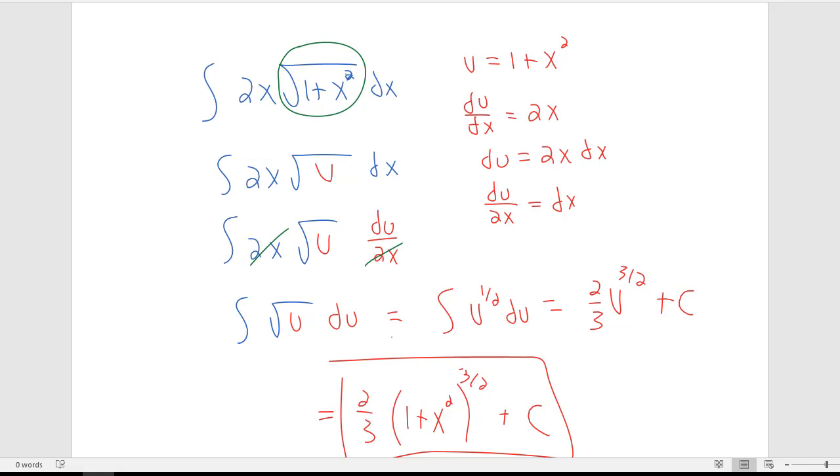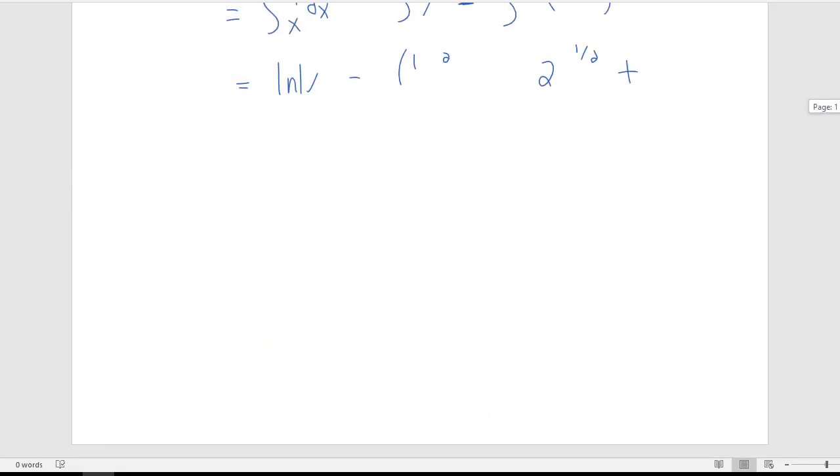As I mentioned, there are a couple exceptions. 98% of the time I'm letting u be the inside of the composition. There are a couple exceptions where it's not obvious that that's what I'm doing, and we'll look at a couple examples like that. First, I'm going to go back and fix my very first example, and substitute the u to get it back in terms of x. I really didn't complete that correctly.